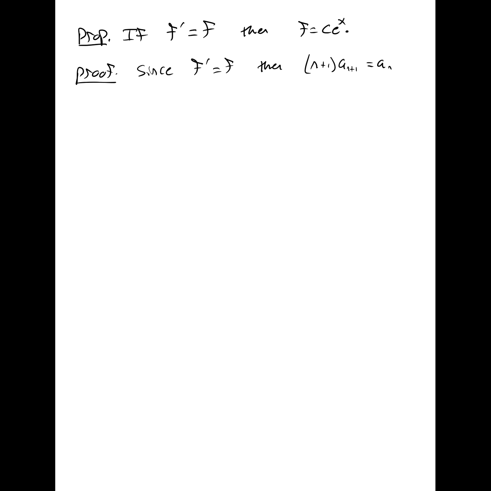The reason for this is that when we take the derivative, we actually knock down one of the exponents on the x, so we end up getting that a sub n plus 1 is equal to a sub n, but with a coefficient. And this is going to be true for all n greater than or equal to 0. Thus, a sub n plus 1 is just equal to a sub n all over n plus 1.